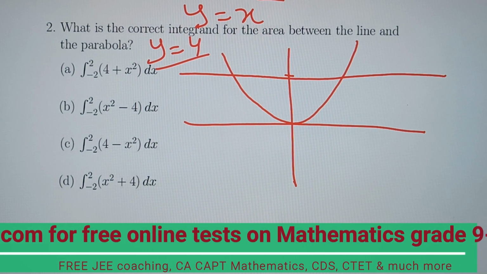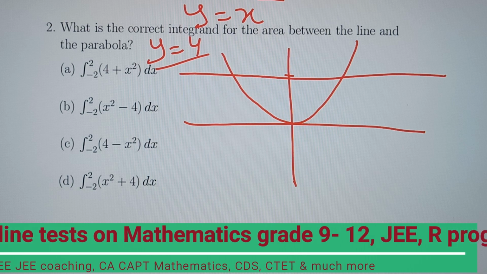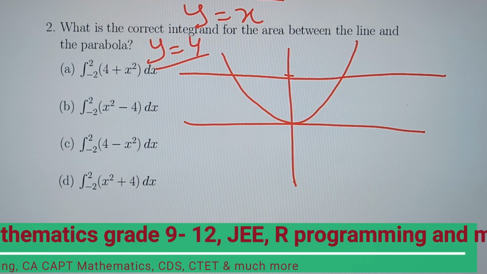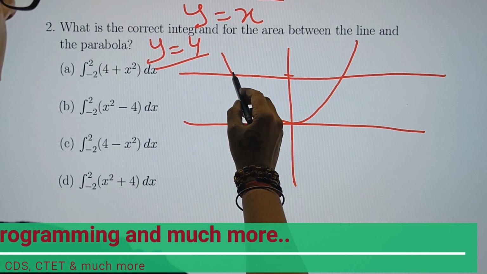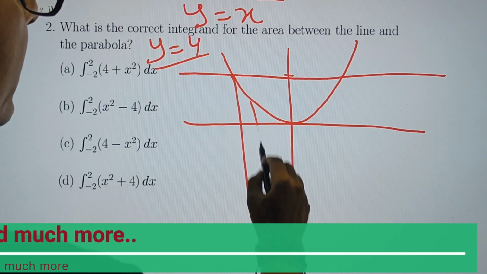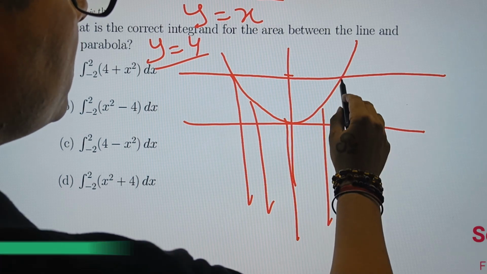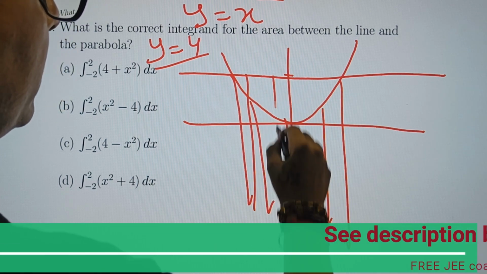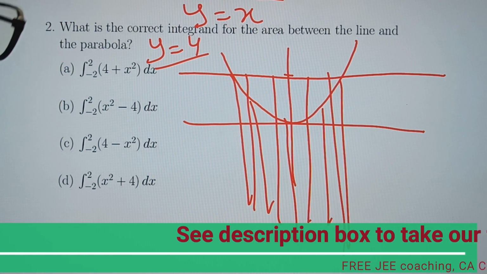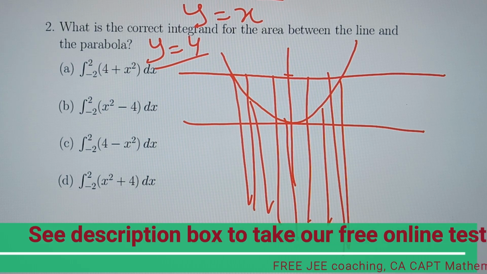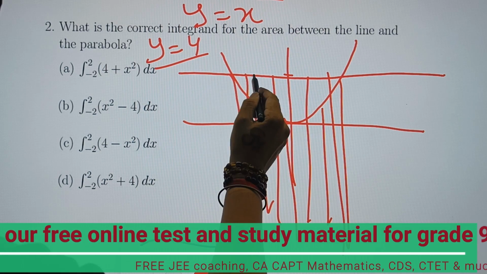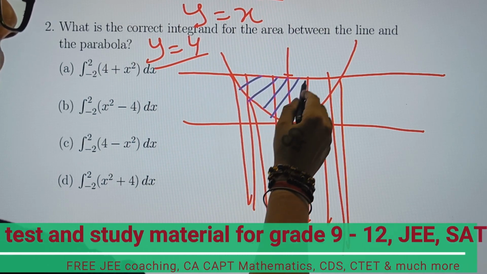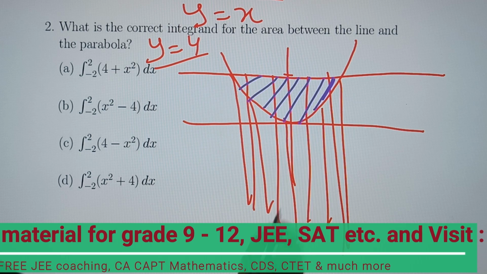On this particular line the value of y will be 4 only, and our area will be the area defined by the line minus this particular curve. That means if we use another color for the area which we need to find out, then this will be our required area.